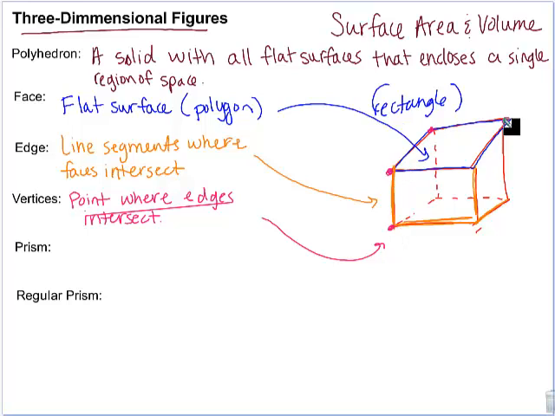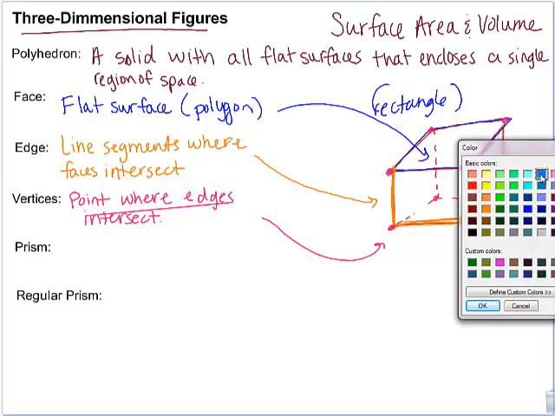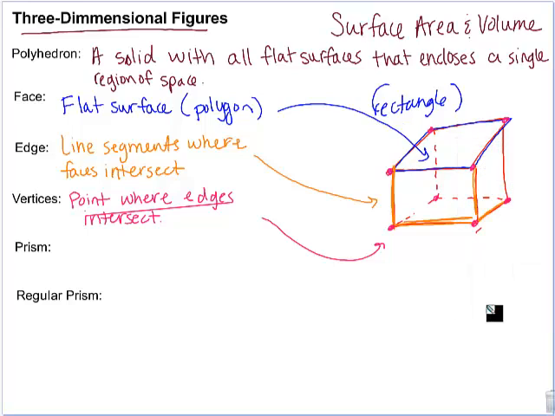So here, all of these points would all be vertices of this polyhedron, otherwise known as the corners. Polyhedron is a very general name for what we are going to be dealing with. We're going to be dealing more specifically with things like prisms and pyramids. So we need to get a more specific definition of what a prism is.